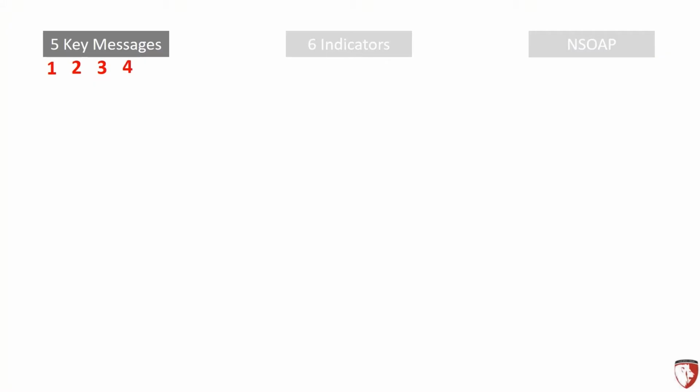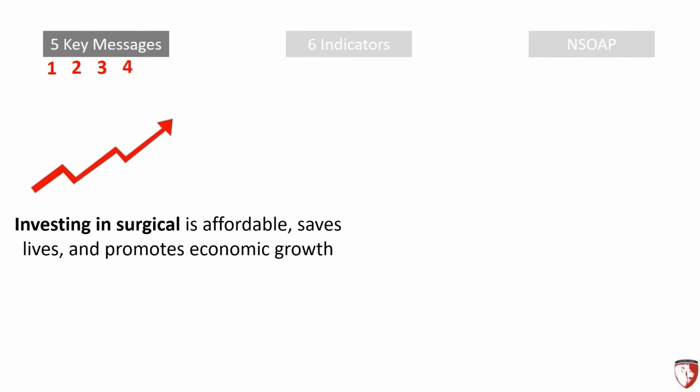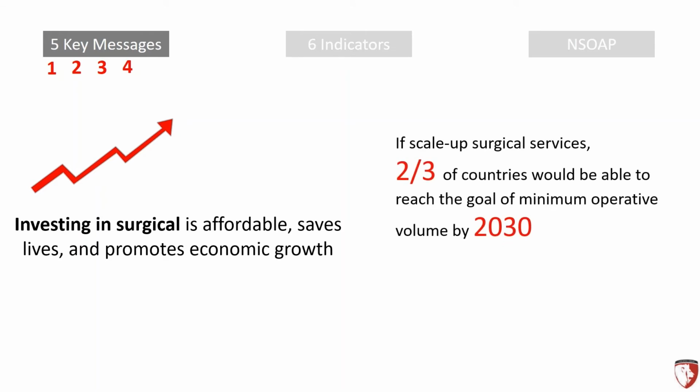Key message 4. Investing in surgical services is affordable, saves lives, and promotes economic growth. To meet present and projected population demands, urgent investment in human and physical resources for surgical and anesthesia care is needed. If low and middle-income countries were to scale up surgical services at rates achieved by the present best-performing similar countries, 2/3 of countries would be able to reach a minimum operative volume of 5,000 surgical procedures per 100,000 population by 2030.